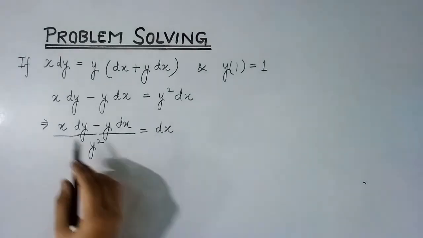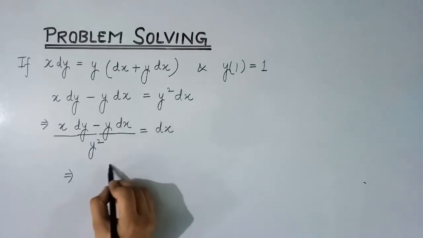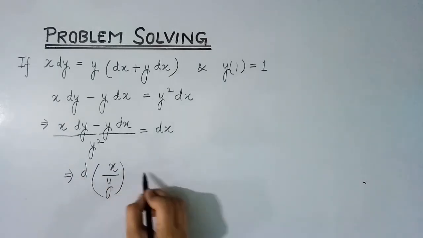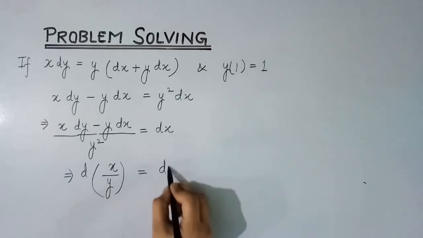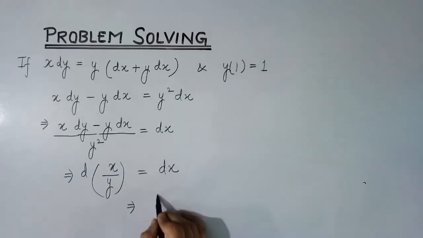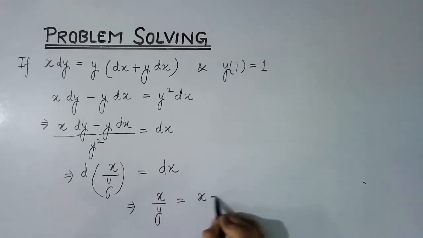Now you can easily get the idea that this is actually the differentiation of x upon y. So you can write it as this, and on integrating we will get x upon y is equal to x plus c.